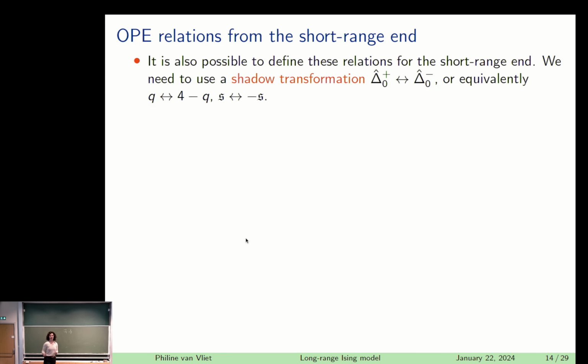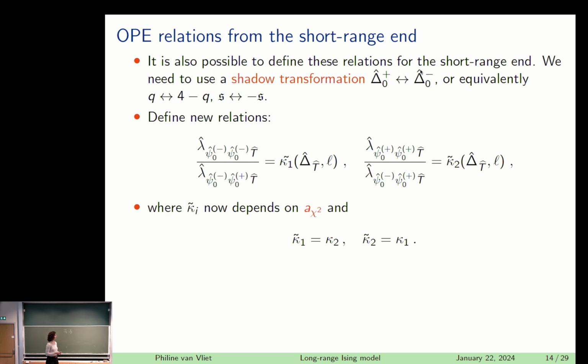So we can do the exact same thing, but now for the short-range end. So not starting from the mean field theory side, but then we need to use some shadow transformation, and we have to take s to minus s, q to 4 minus q, and we have to swap these conformal dimensions. So then we can define new relations, k1 tilde and k2 tilde, and they are related to the old ones in this way.